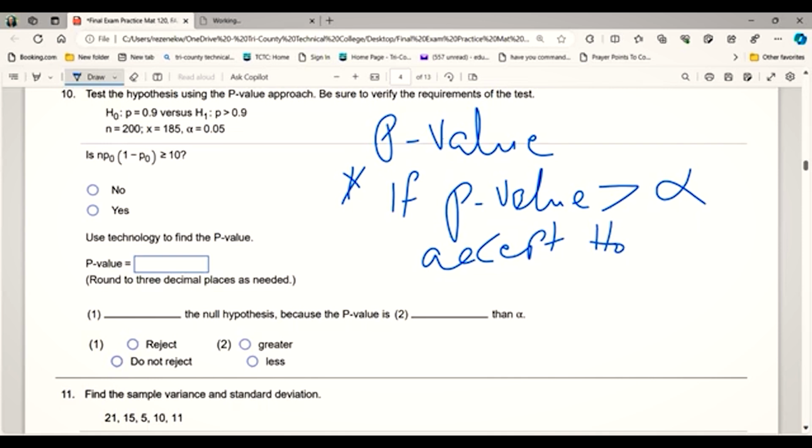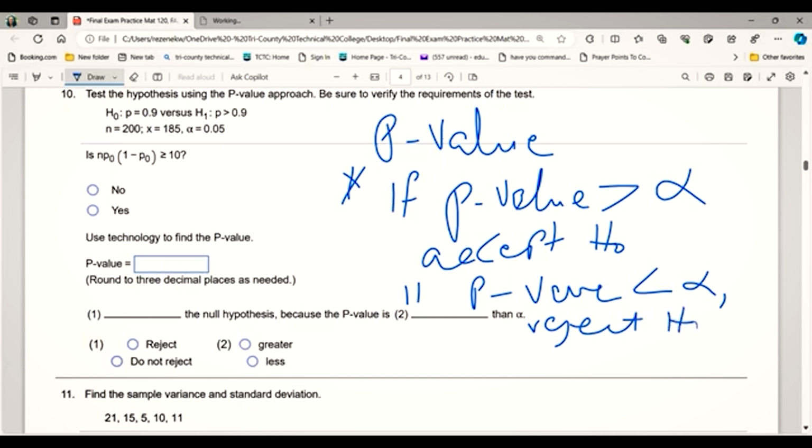Otherwise, reject the null. Let's say again, if p-value is less than alpha, you reject the null. All right, so that is the condition for using p-value.